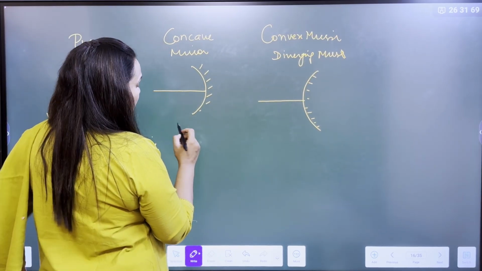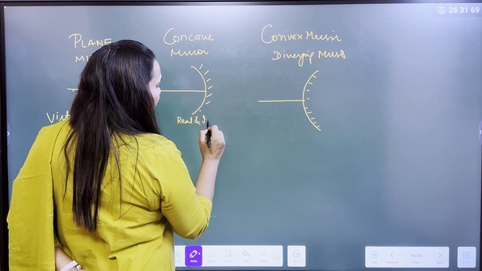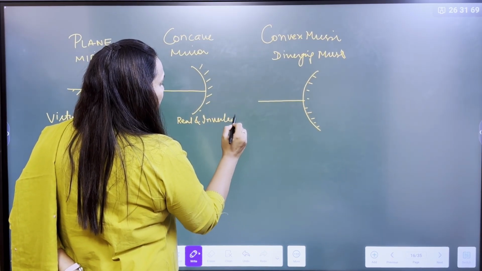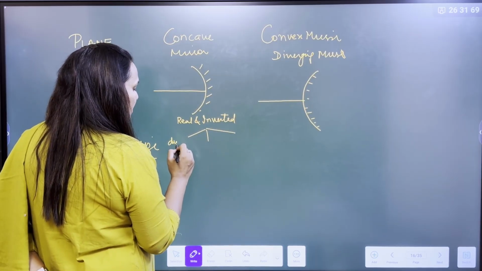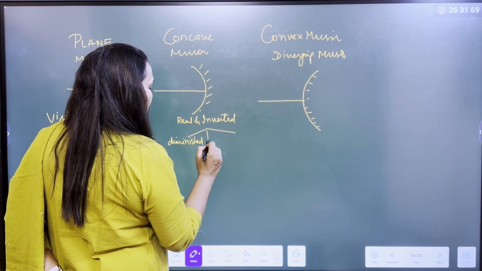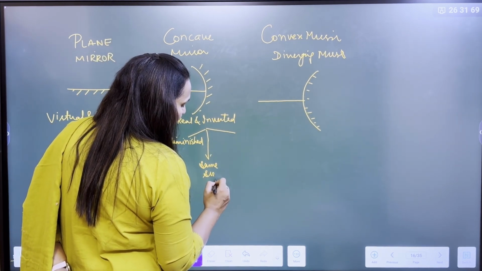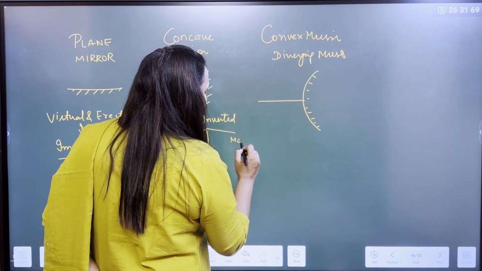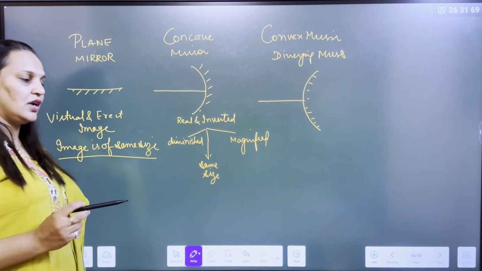Then what about the concave mirror? Concave mirror forms real and inverted images, of three types: diminished, same size, and magnified. Do you understand real and inverted? Ulta.